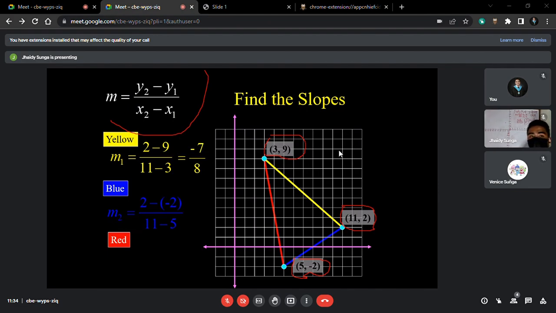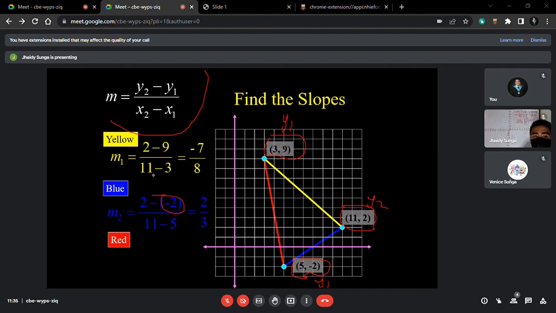From the slope of yellow, the y sub 2 is 2, and this is y sub 1, that's why it is negative 2. From this one, you will see that the answer is 4.